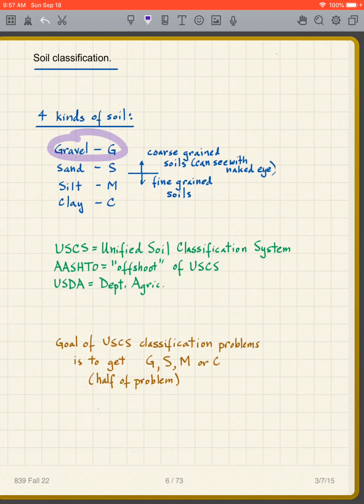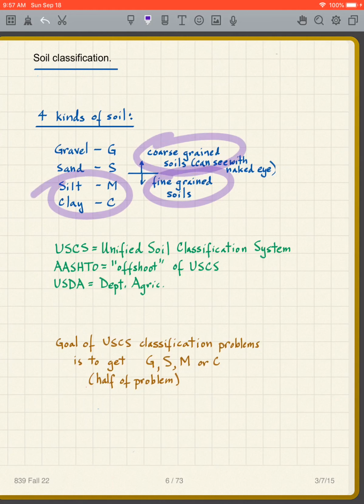Fine gravel means small gravel particles. Coarse gravel means big gravel particles. So we sort of mix the terminology, but when we say fine-grained soils, we're talking about silt and clay. When we talk about coarse-grained soils, we're talking about sand and gravel. And then let me just say something about the sizes.